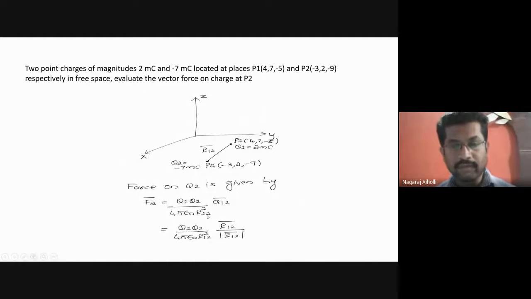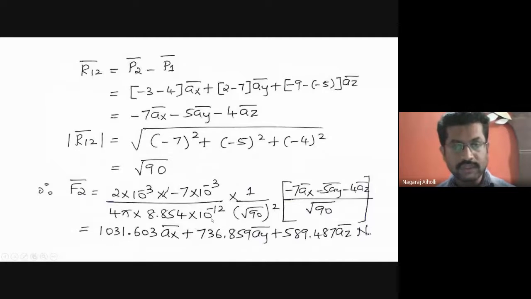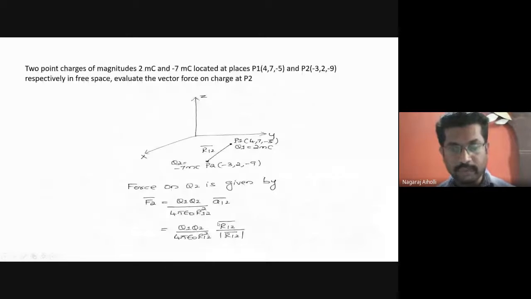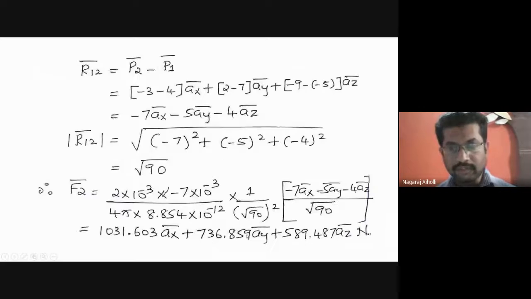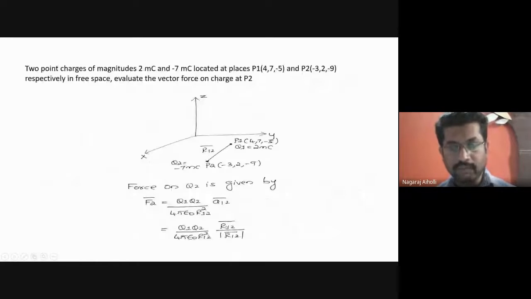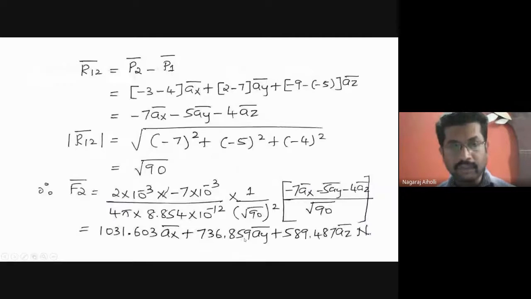Then R12 we have found out, the distance vector, it is square root of 90. Square of that, because it is R12 square. Into the unit vector, that is R12 vector divided by its magnitude. R12 vector is minus 7 AX bar minus 5 AY bar minus 4 AZ bar, divided by square root of 90, its magnitude.